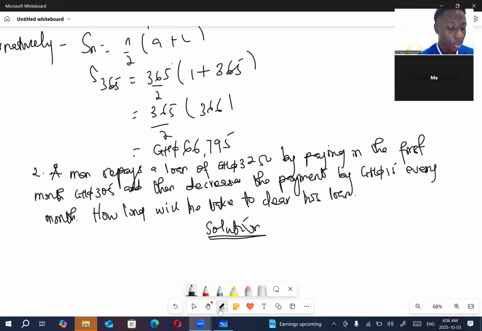The first payment was 305 cedis. But in the next month, he reduced the payment by 15 cedis, and he states that this happens every month. So the first month he pays 305. Next month, how much does he pay? 305 minus 15, or 290.